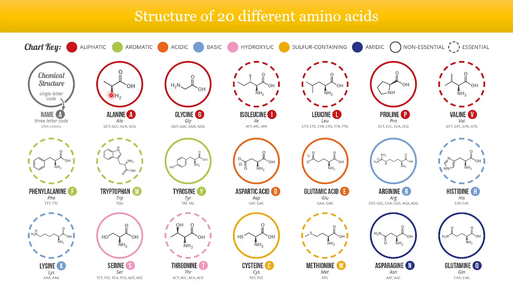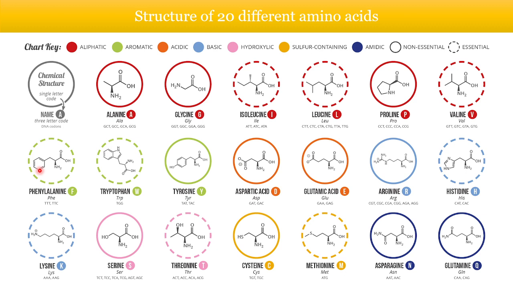So for alanine we have a CH3. Then for glycine, which does not have a chiral alpha carbon, there is hydrogen, and then we have isoleucine followed by leucine, and the proline ring has an amino group. Then we have valine, which also has an aliphatic side chain and it's an essential amino acid.